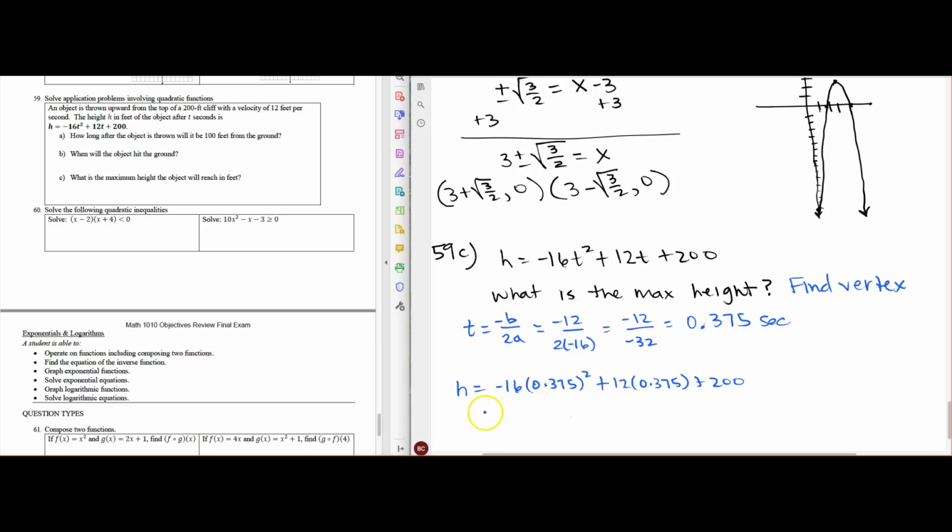And then just simplify that to figure out what that max height would be. Okay, make sure you use the order of operations, or if your calculator will just do that whole thing, that is fine too. Okay. Let's see.